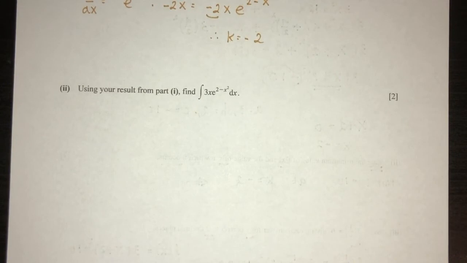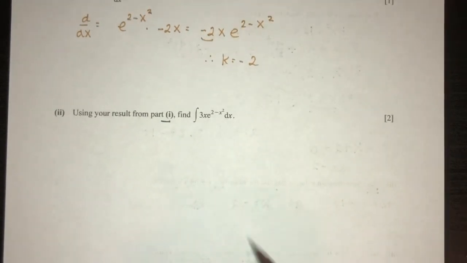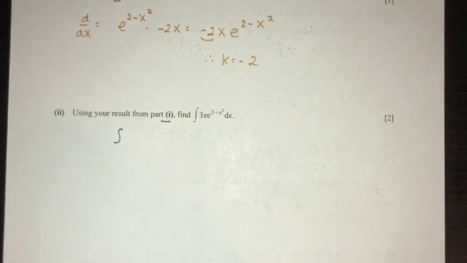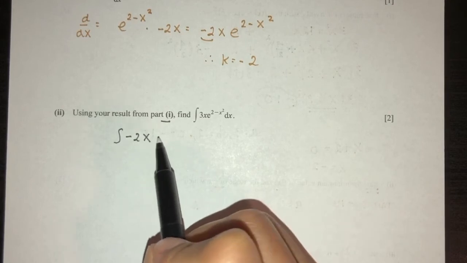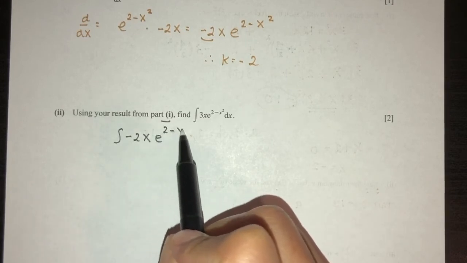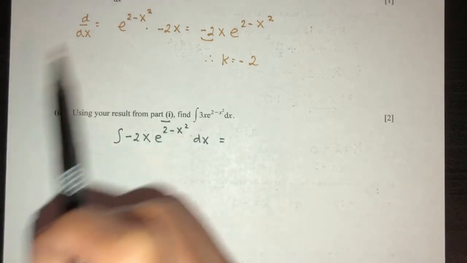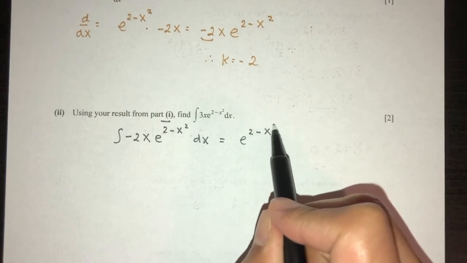That is part 1. Now part 2, we have to use your results from part 1, hence find this. If you observe, part 1 we have integration. So from this we can derive that the integration of minus 2x exponential of 2 minus x squared, dx, is supposed to give you exponential of 2 minus x squared.